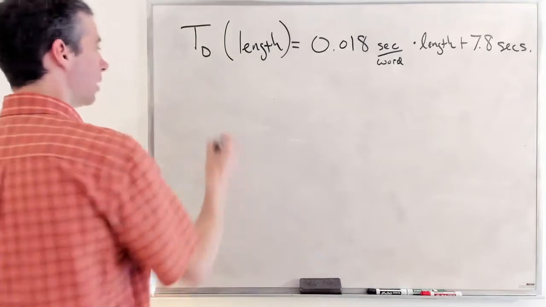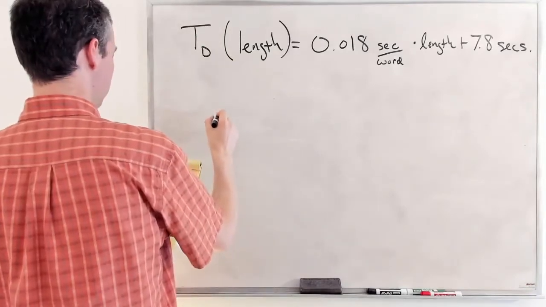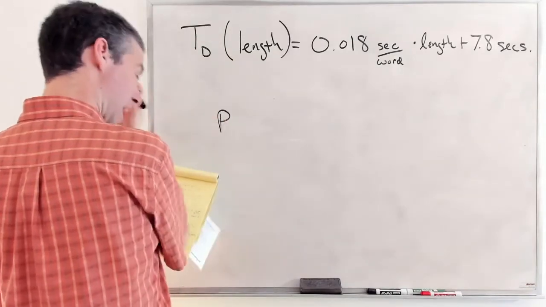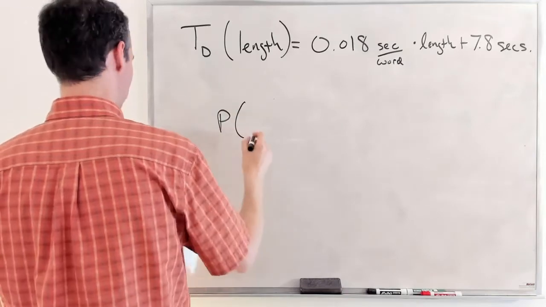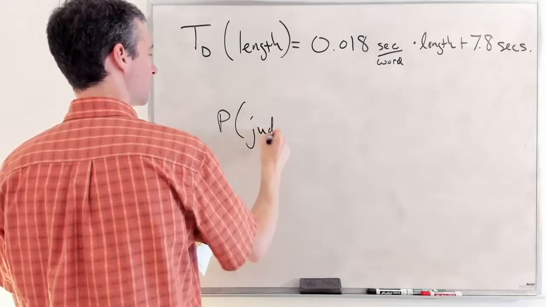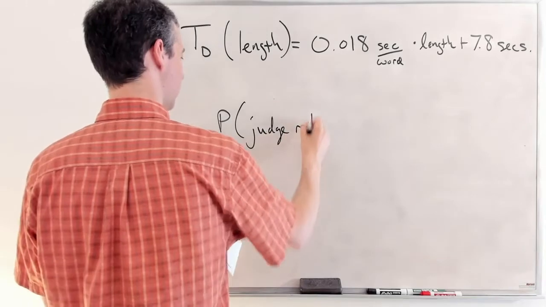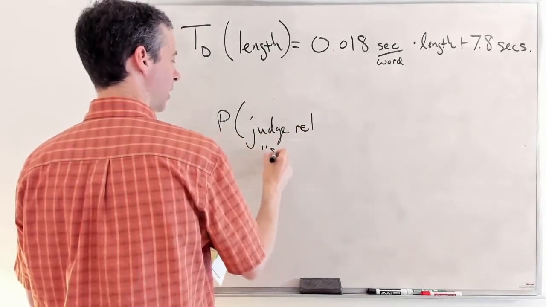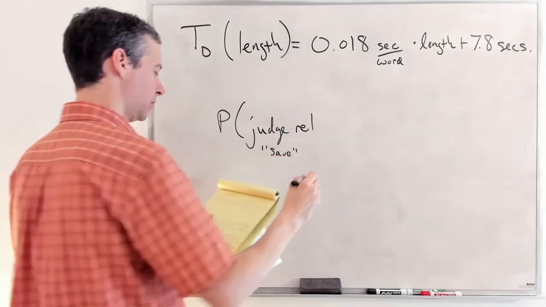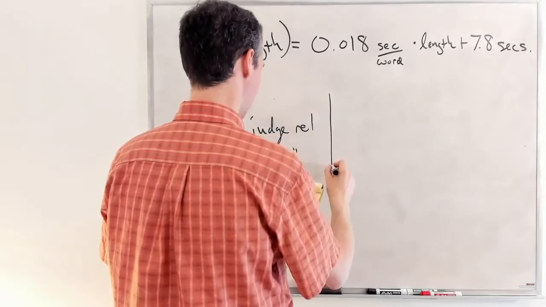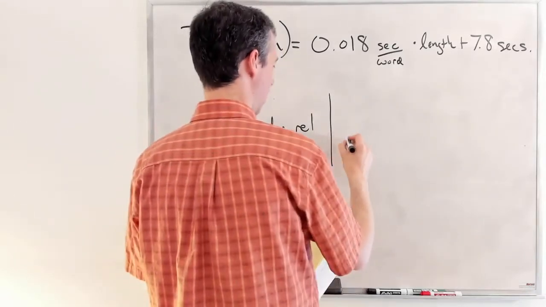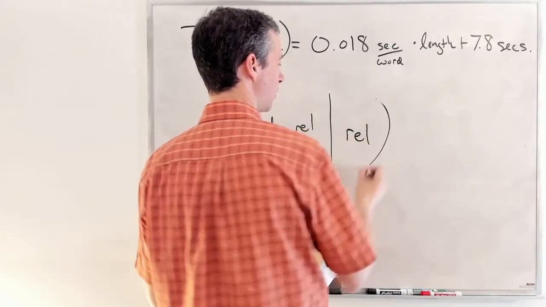And so this is simple. Again, we just do a bunch of averaging. What's the probability that the user will judge it relevant? This is the same notion as saving the document, given that we have a judgment from NIST that it's relevant.